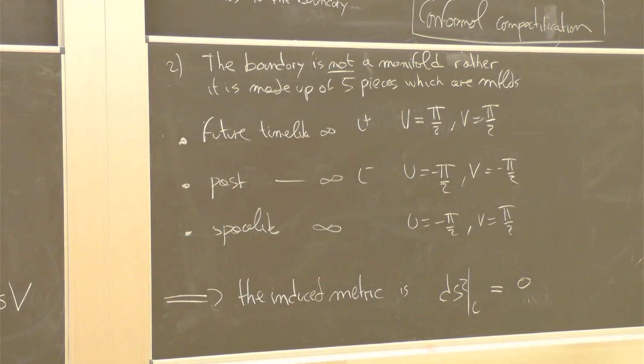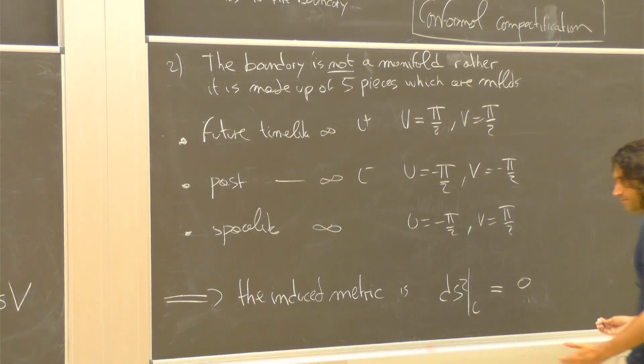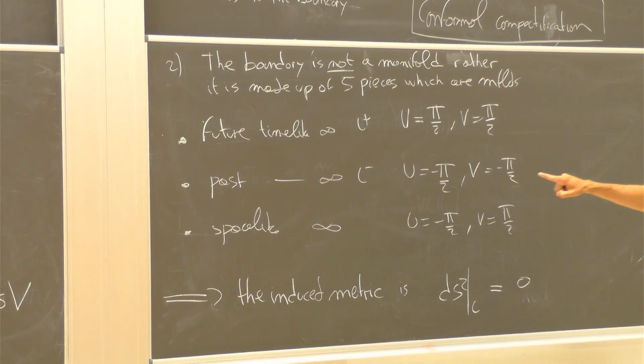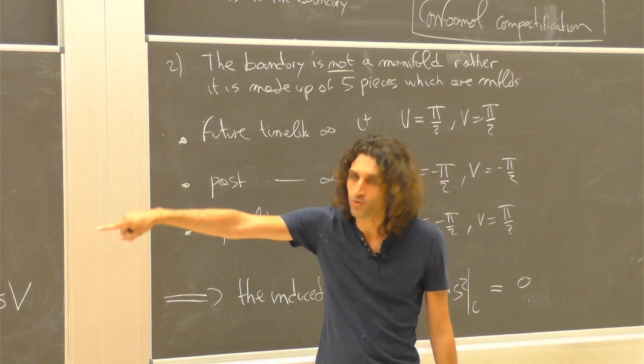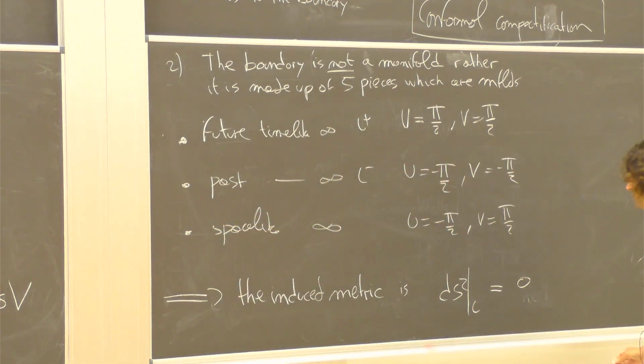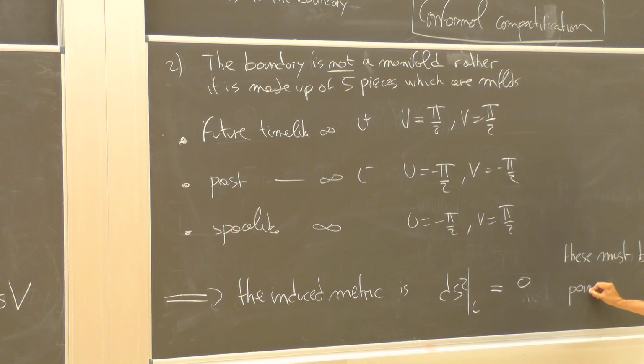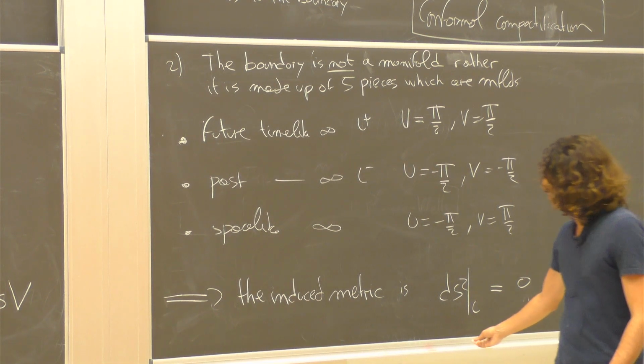This metric is completely 0 everywhere on this point. So these points have absolutely no extension, and that's why we say they are points. If you want to embed this inside the genuine manifold, I0, I plus, I minus have to have 0 extension, and therefore they are points. So if you want to think of this as a manifold, they are 0-dimensional manifolds.